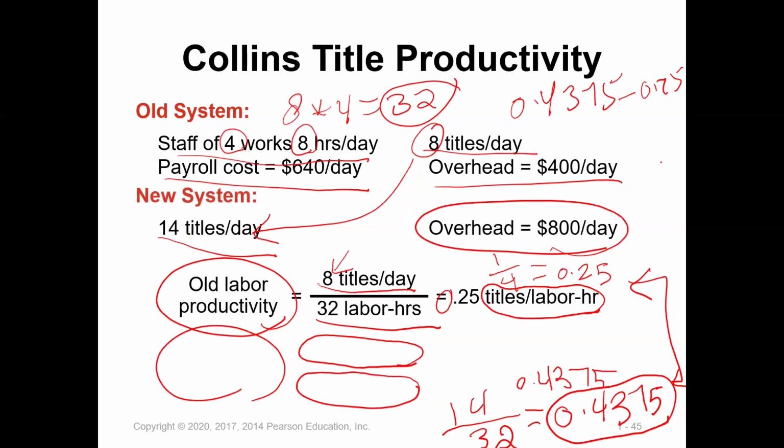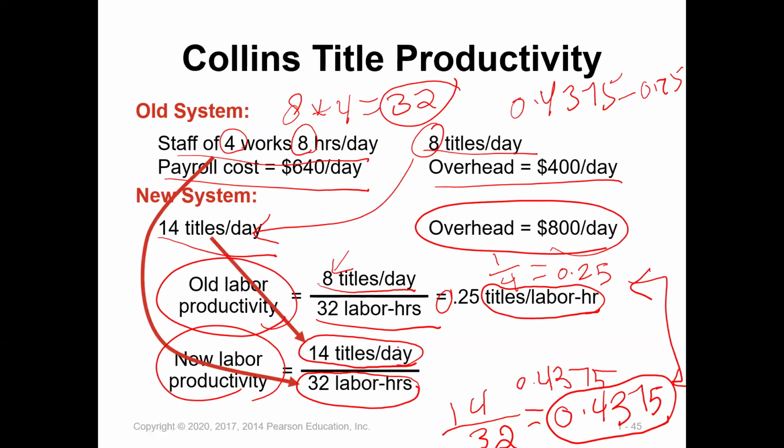The new system, they changed to 14 titles, the same hours. So 14 divided by 32 is 0.437. See the difference between the old and the new: the productivity was increased.